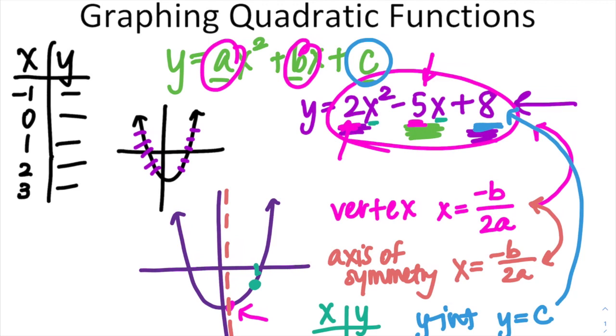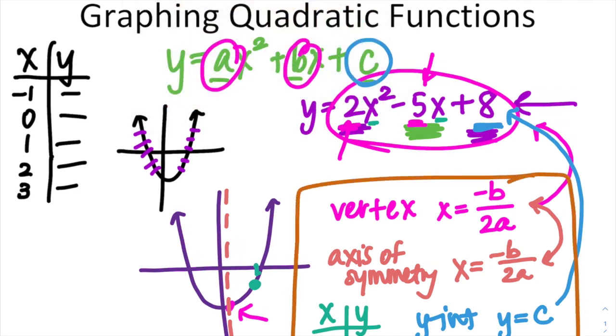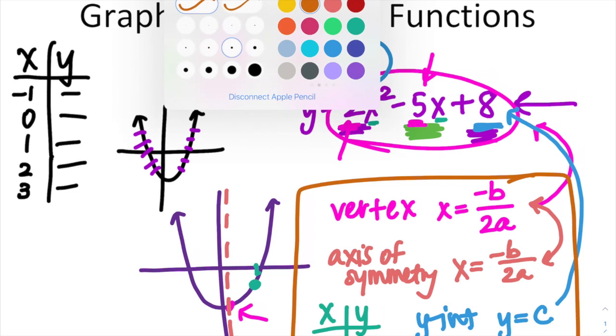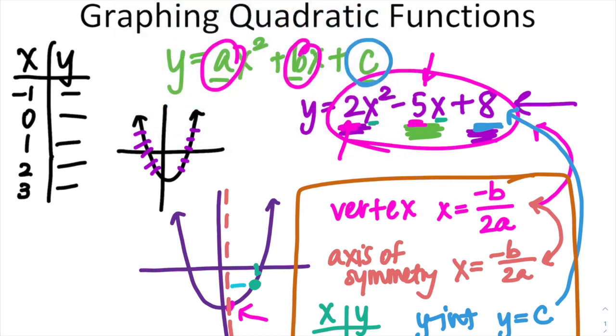Once you have these items, there's only one thing left to do. However far from the axis of symmetry the point is that you found using the table, because the axis of symmetry is like a mirror, there's an identical point the same distance away. So now I'm finding a point on both sides, but I only have to do the math once, and then I can make my curve.